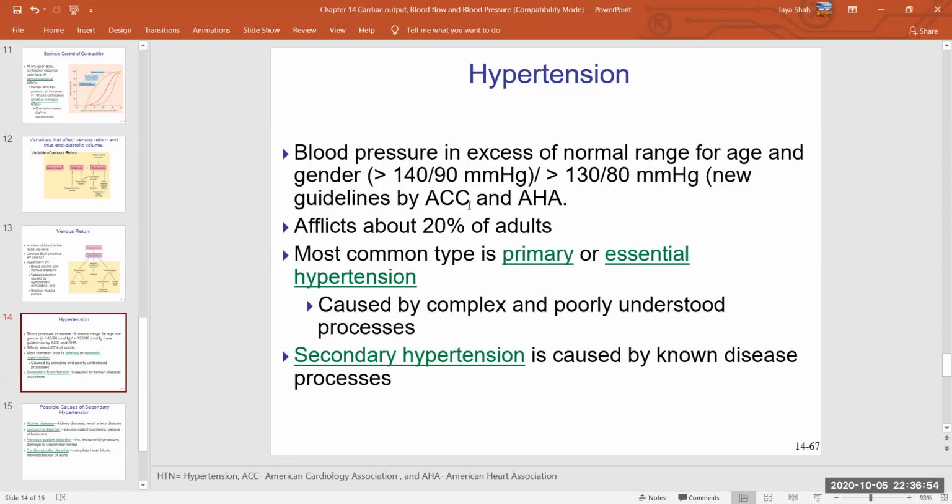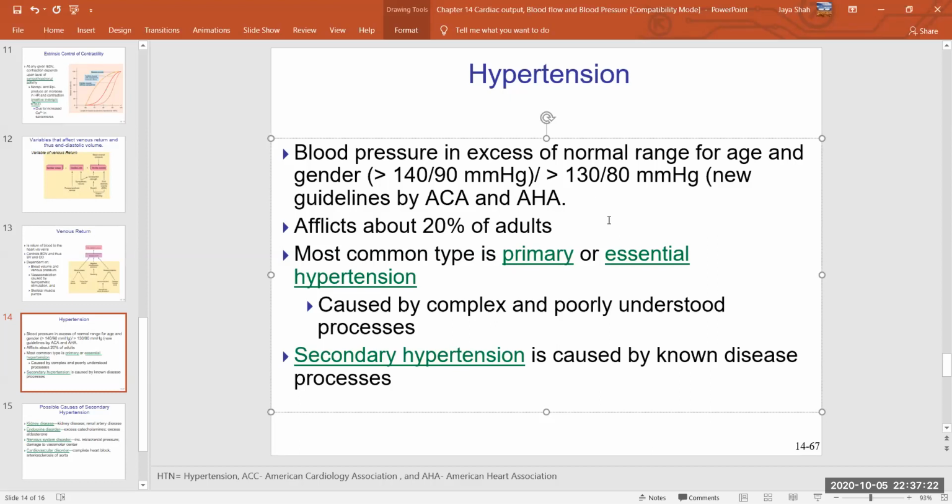Cardiology Association, ACA, not ACC, ACA, American Cardiology Association, and American Heart Association.